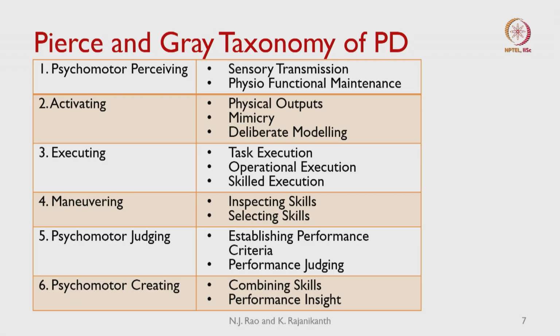For example, psychomotor perceiving means you have sensory transmission, that part is functioning properly, like whether it is listening or touch or whatever inputs that we get from the eye and so on will have to be right.